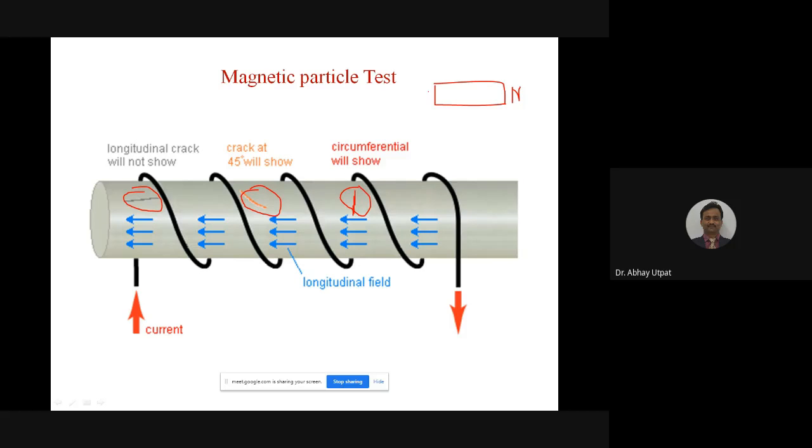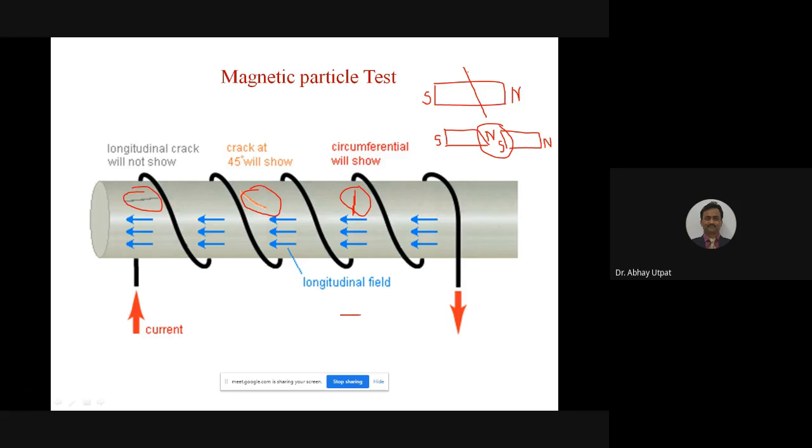This is N and this is S. If this is the magnet, and if you break this magnet from here, you will find this S as it is, and once again N, and S and N. In this way, once again there will be pole formation. So this pole formation is not necessary to break into pieces.